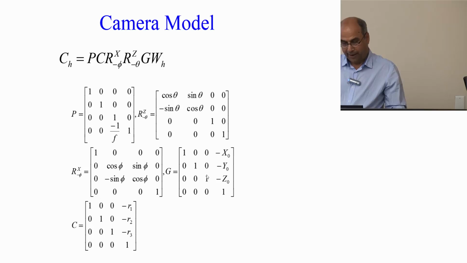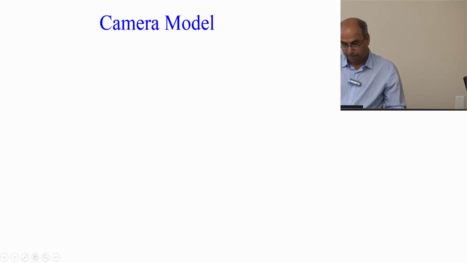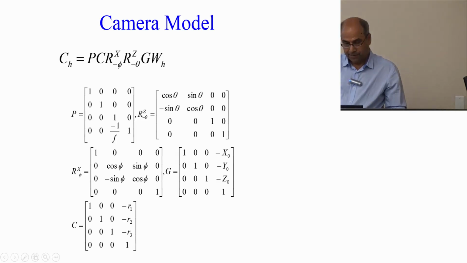Then we have the rotation around the z-axis, which is this one, and this is again the inverse, by angle theta. Then rotation on the x-axis, which is this one, and this is the last translation.